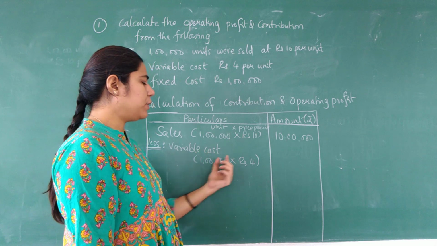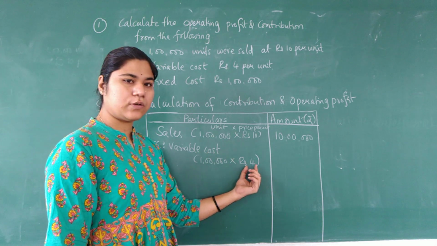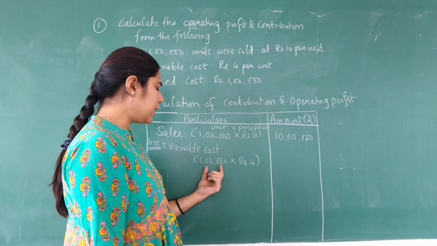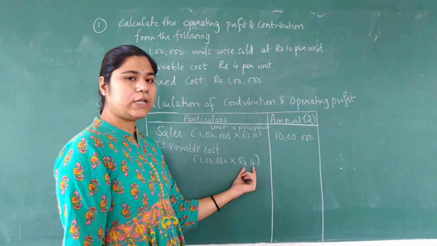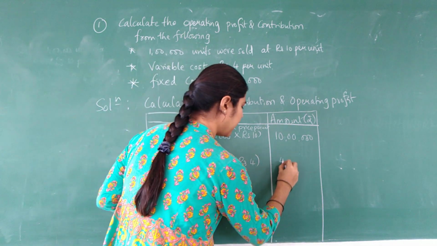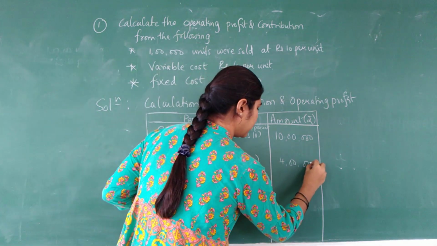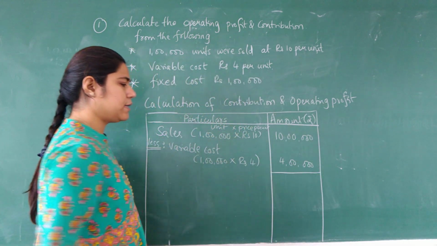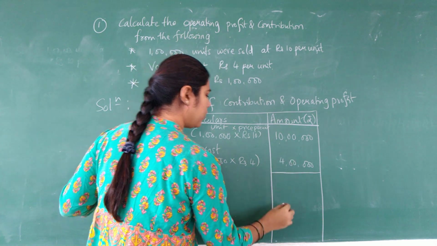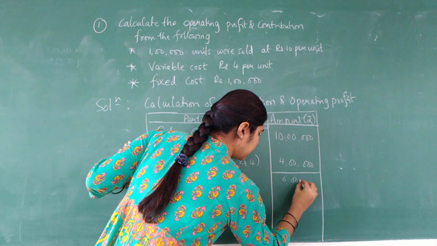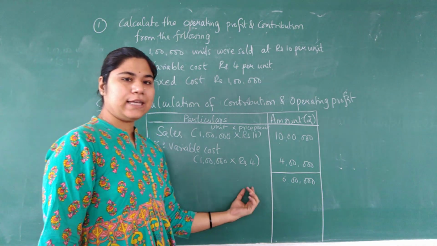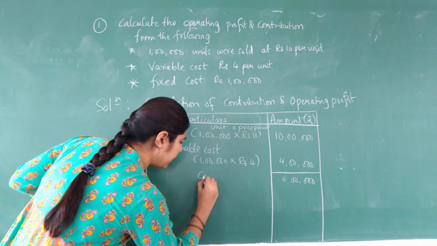Each unit has a variable cost of 4, so I have multiplied 1 lakh by the unit price given in the question. Now my variable cost is 4 lakh. What is the difference now? 10 lakh minus 4 lakh, I get the difference as 6 lakh. This 6 lakh is named as contribution.